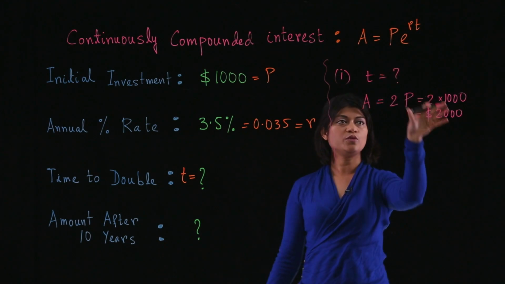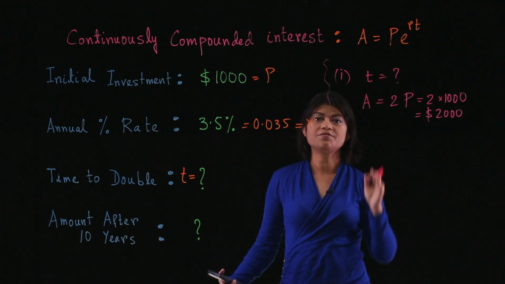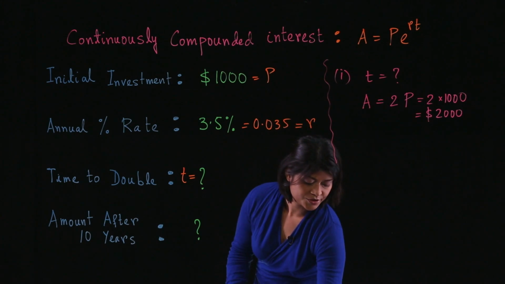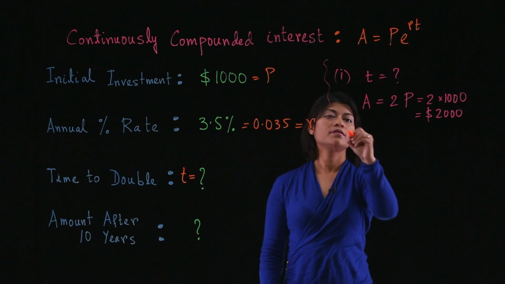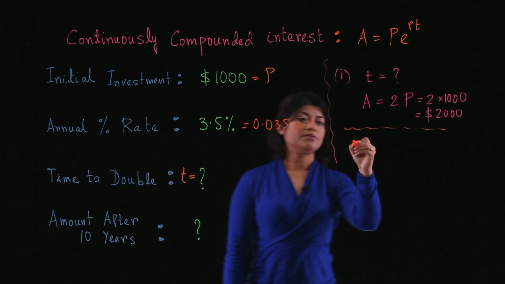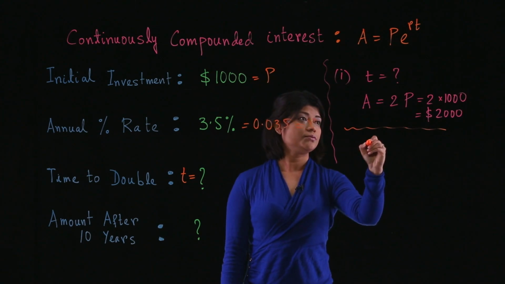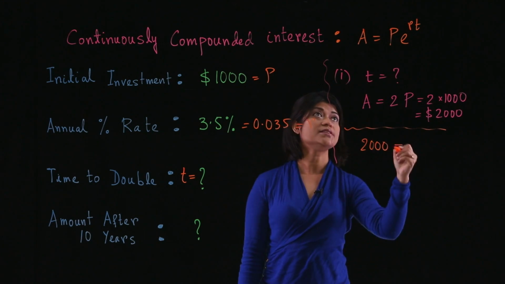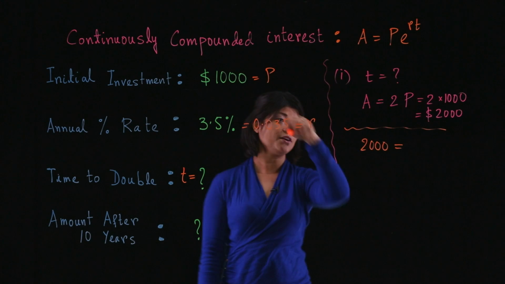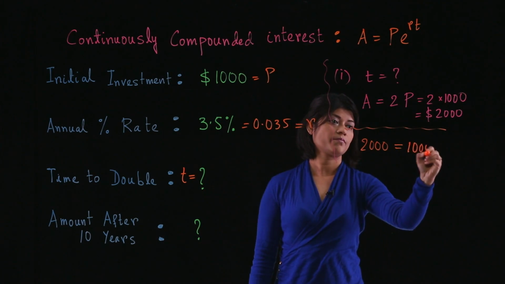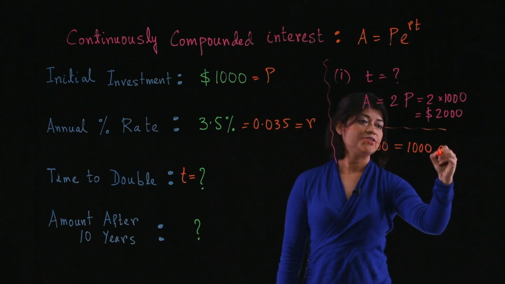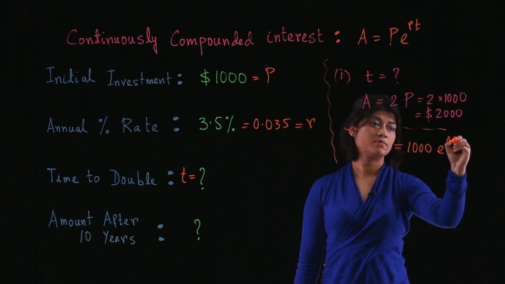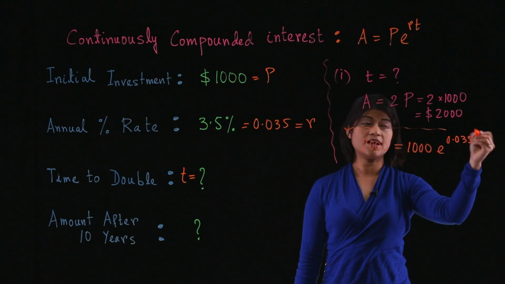So this is the setup. We have the equation, we plug in all the values, and then figure out the time. So we have A is equal to 2,000. On the left hand side we have 2,000 is equal to P, which is 1,000, and then e to the power R, where R is 0.035 and T is unknown.